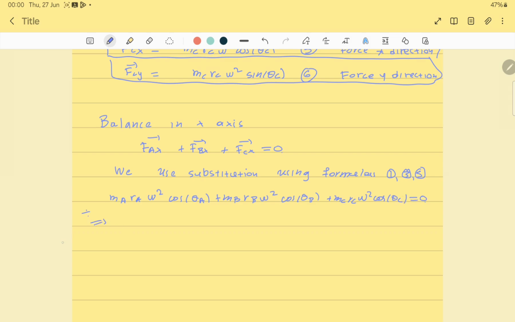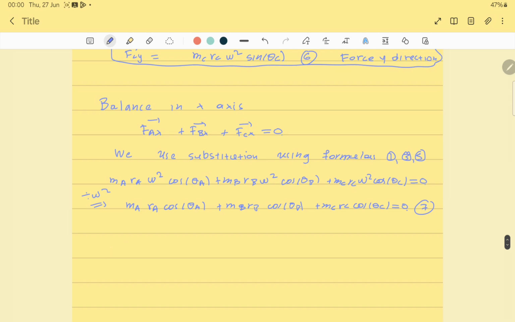We can divide by omega squared. We can get rid of omega squared. And we have MA RA cos theta A plus MB RB cos theta B plus MC RC cos theta C is equal to 0. We call this 7.